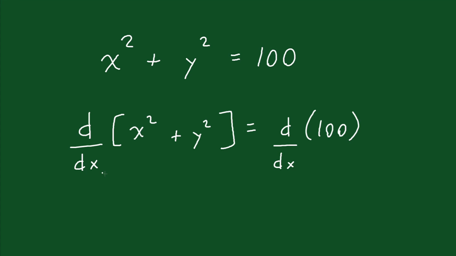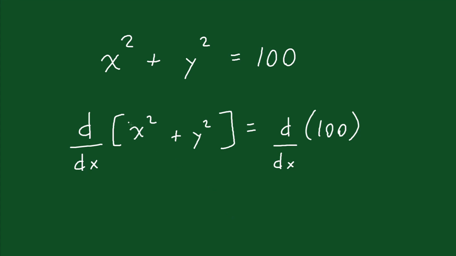And remember, we're finding the derivative with respect to x because x is your horizontal direction. We're looking for the rate of change, right? Y over x, the change in y over change in x. That's why we're taking the derivative with respect to x, even though there's two different variables in here. The derivative with respect to x is what we're interested in finding. So we d dx both sides.